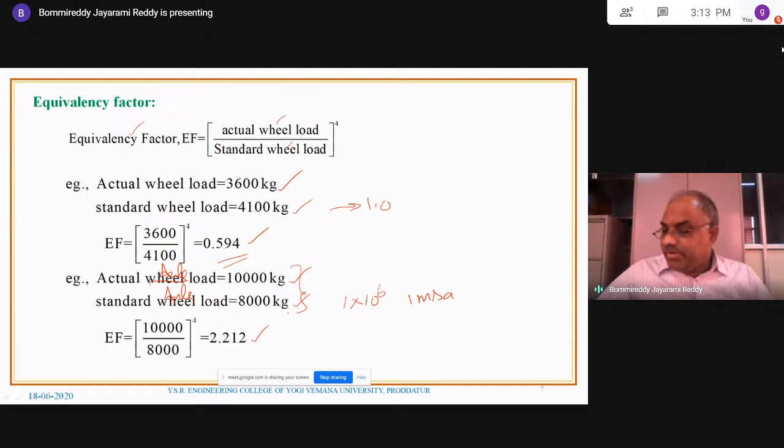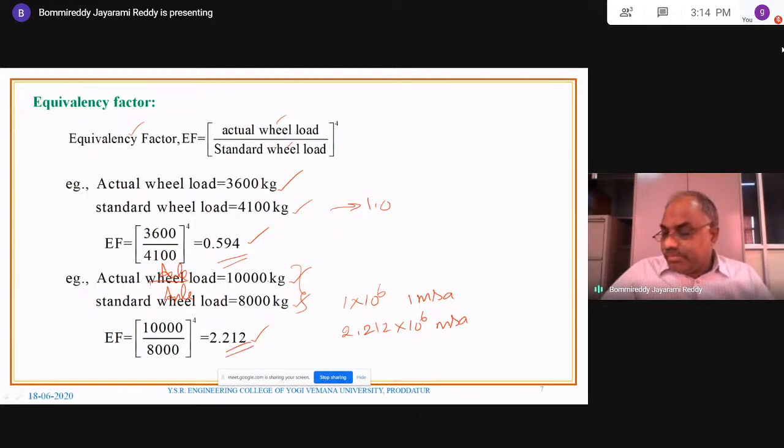For the same number of repetitions, if 10,000 kg loads are passing, then it will become 2.212 into 10 power 6 standard axles. So simply, the equivalency factor is a damaging factor.